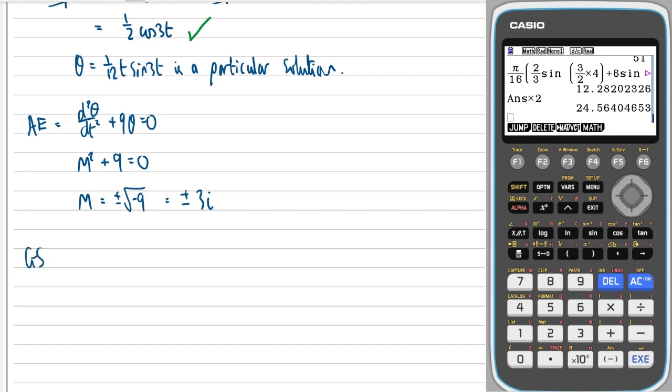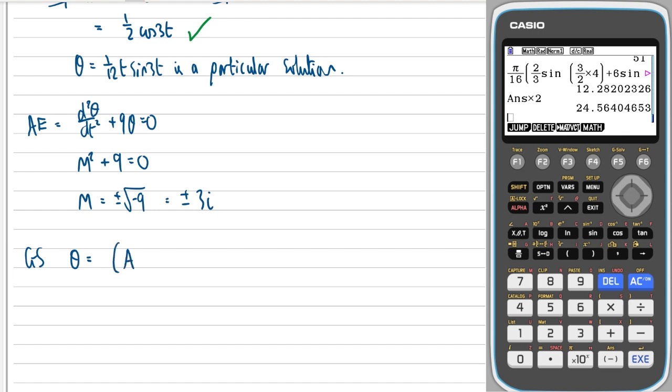So now I can write that the general solution is that theta is equal to, now in this case where we have only an imaginary part, there's no real part, so e to the real part t, in this case 0, would be 1, so we don't need to include that.